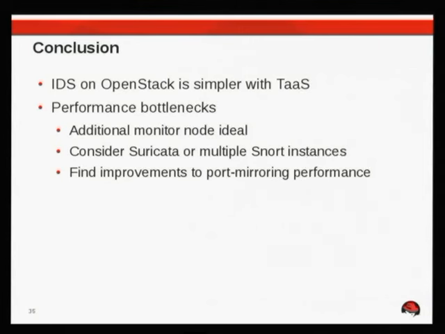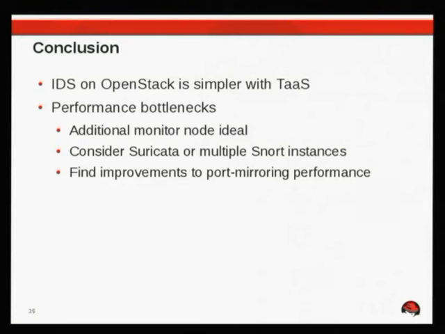Performance bottlenecks are still an issue if you're running many dozens of instances or more, and feeding all that traffic into a single IDS. I think that's likely going to drop packets, and so you've got to look at the cost as well. That's going to add up, and you're probably going to want a monitoring node. You might need more than one monitoring node, depending on the size of your cloud.